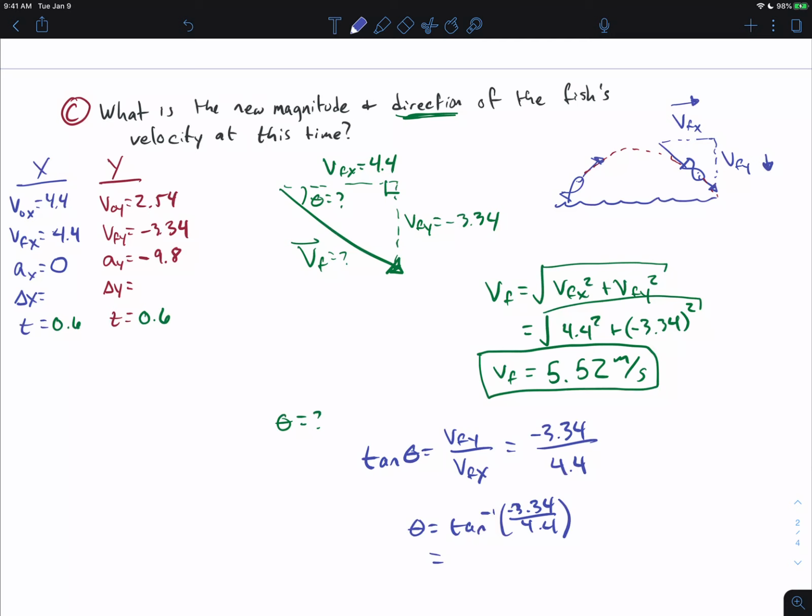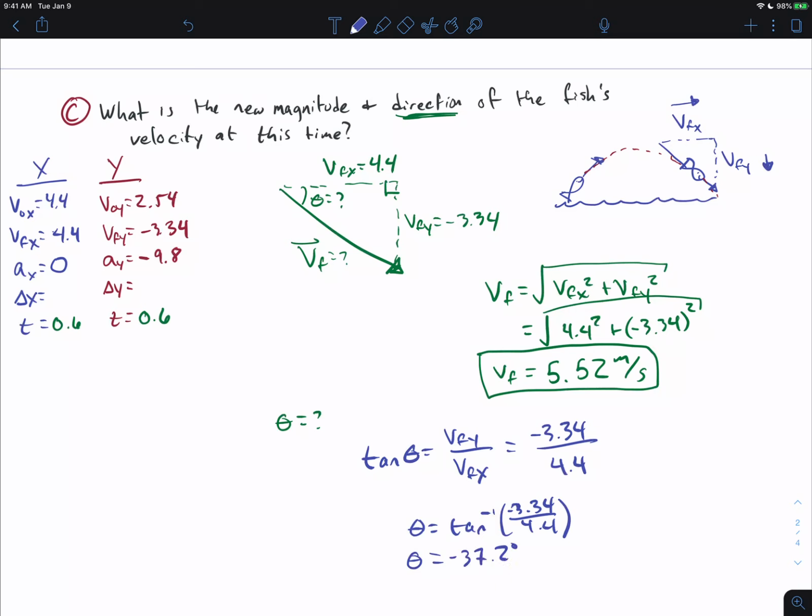And now to find that angle, we'll just go ahead and do this together, so calculate along with me. Tangent inverse of negative 3.34 divided by 4.4 should give me negative 37.2 degrees.